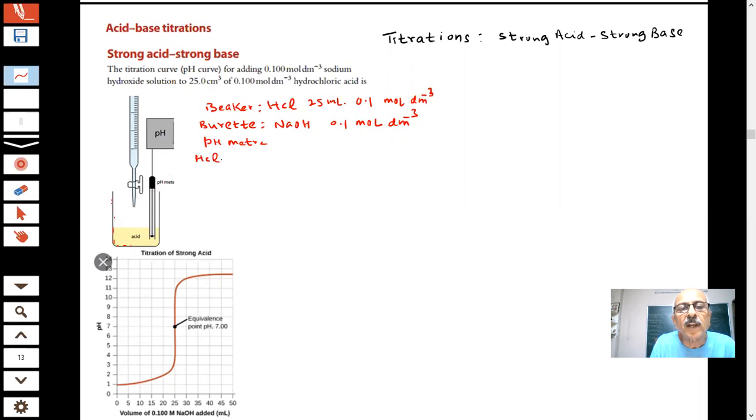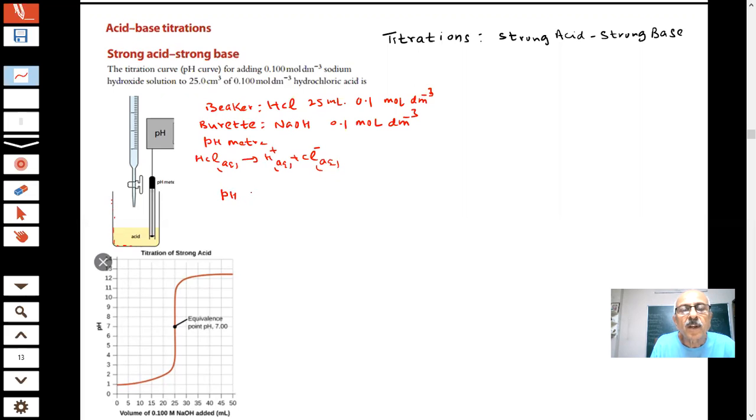HCl is a strong acid. It gets ionized to form H plus and Cl minus. So we said that we can plot a graph. What graph are we making, students?